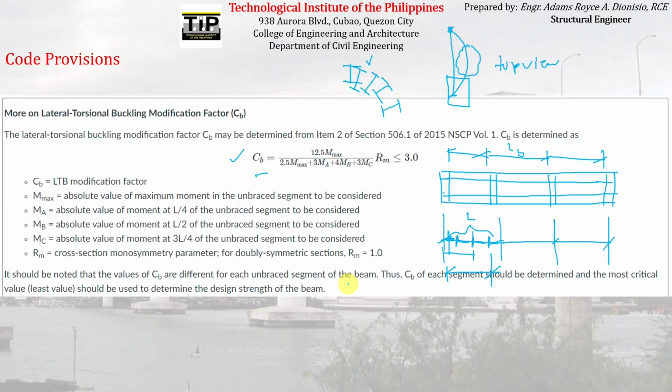Huwag nating i-assume na sobrang lakas niya, kasi mamaya magkaroon ng uncertainty sa load na dadalhin. Siyempre, mamaya lumagpas siya dun sa dineclare mo na moment capacity, eh di mag-fail talaga yung beam mo. Kung max na talaga yung dineclare mo, kumbaga sinagad-sagad mo agad yung declaration mo, 'di ba? That's why gusto natin yung CB natin, yung least yung pipiliin natin. Okay?